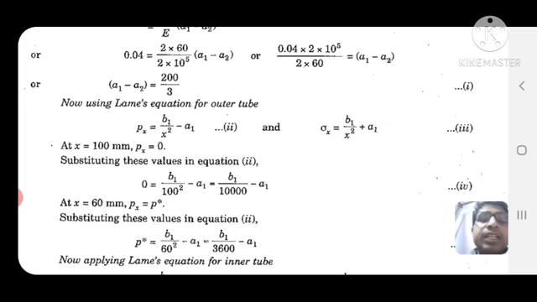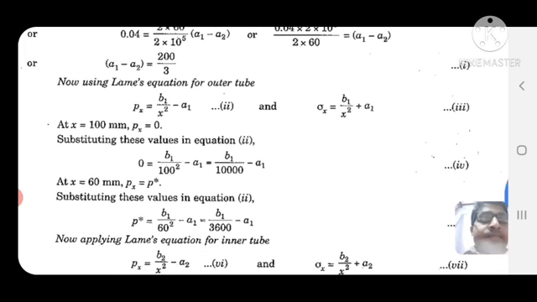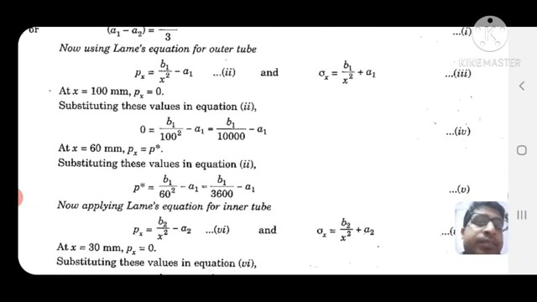Now using Lamé's equation for the outer tube, Px equal to B1 by x square minus A1, sigma x equal to B1 by x square plus A1. At x equal to 100 millimeter, Px equal to 0.